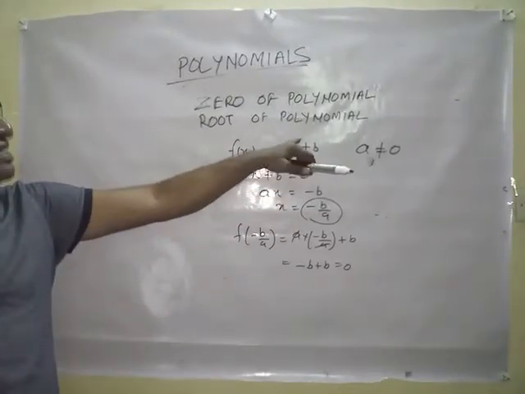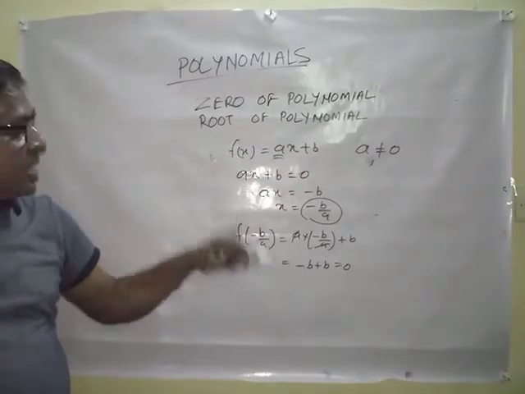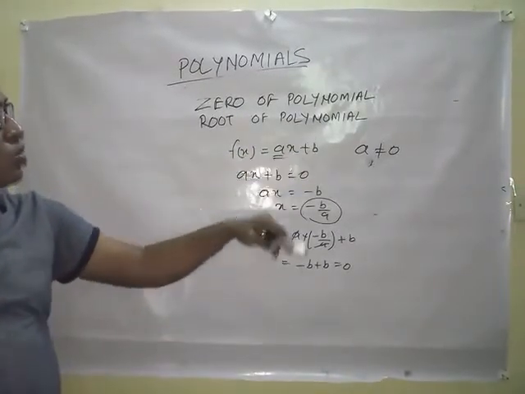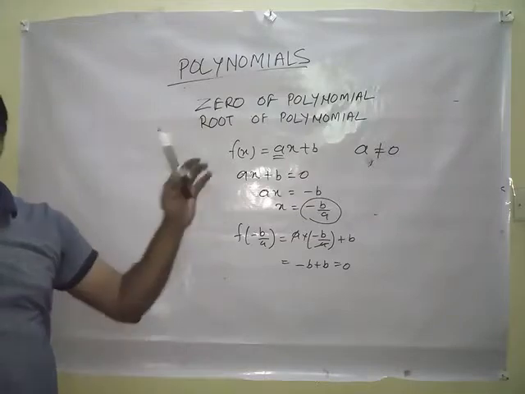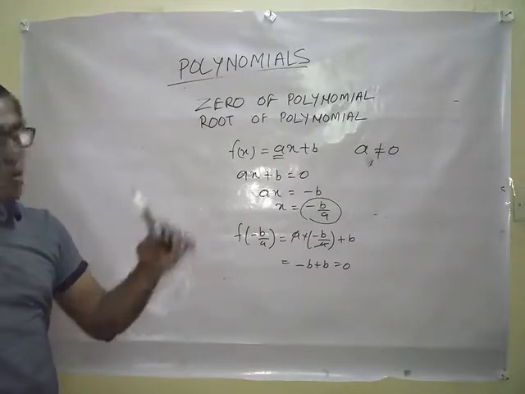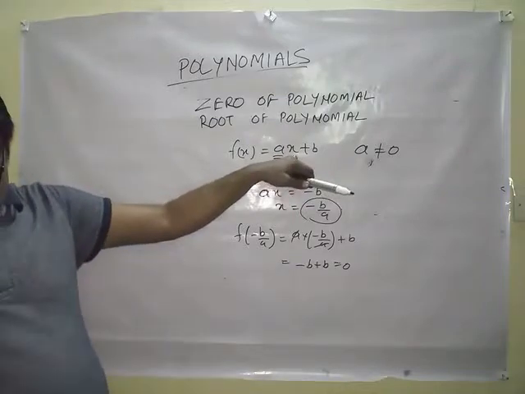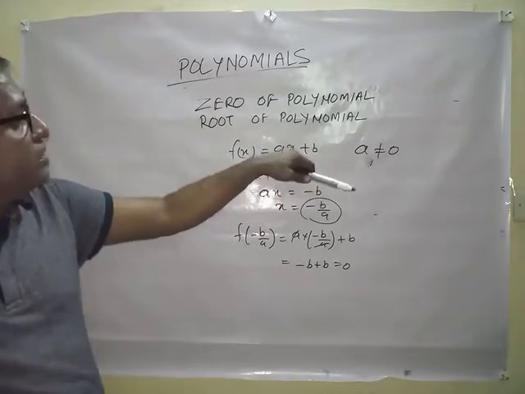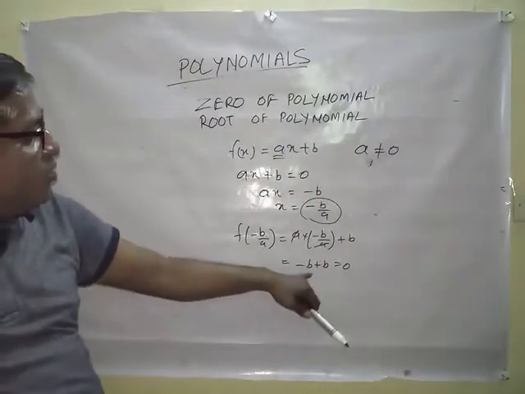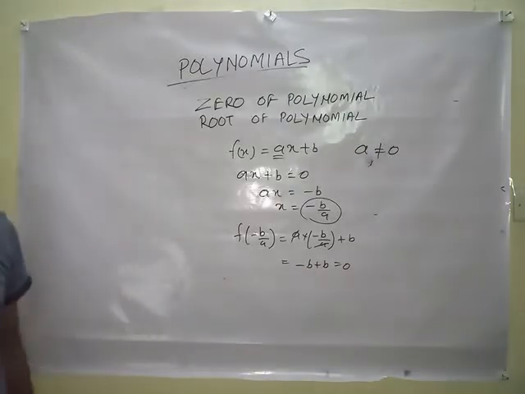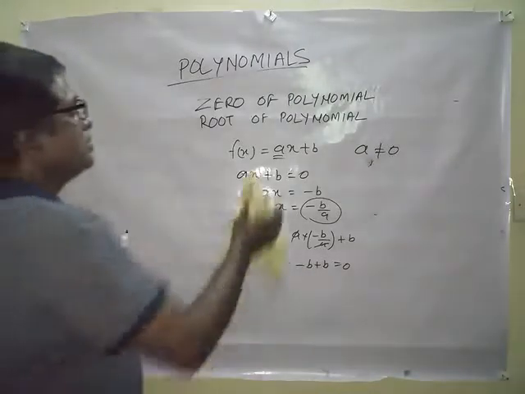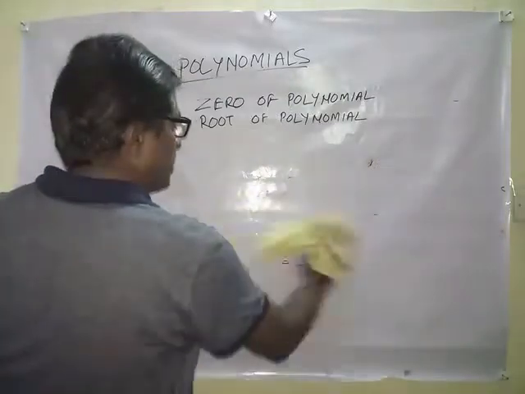If the highest degree is 4, then it can have 4 zeros or roots. If the highest degree is 3, then it can have 3 zeros or roots, and so on. Here it is a linear equation with degree 1. That is why it has only one zero or root. So that also you have to remember.